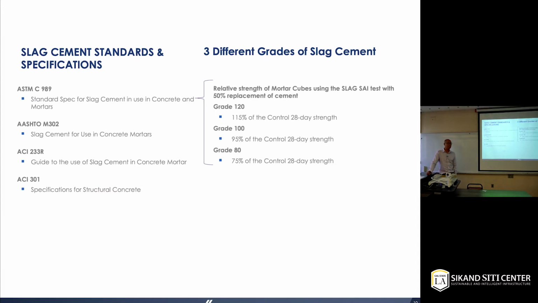Slag has been widely used for different projects, so there are a lot of specifications available for you to specify slag in your future projects. ASTM, AASHTO, ACI, and Caltrans also have specs regarding slag. Based on the ASTM and AASHTO standards, there are 3 different grades of slag, depending on the strength of the mortar cubes.